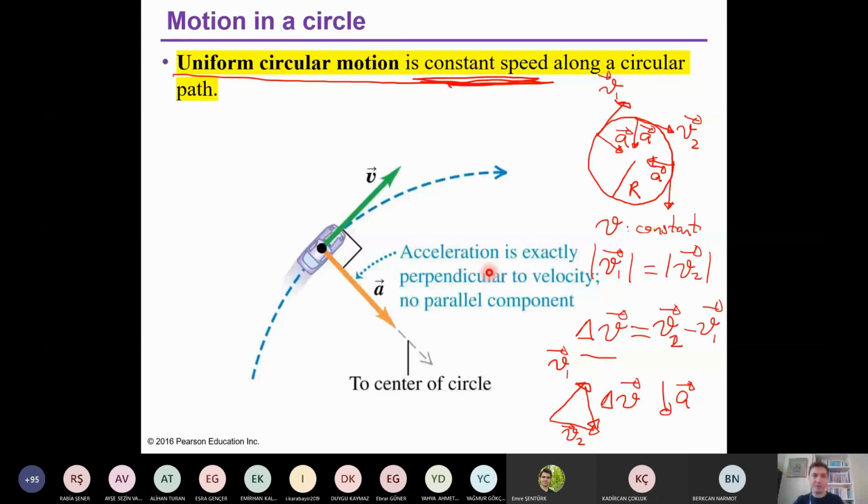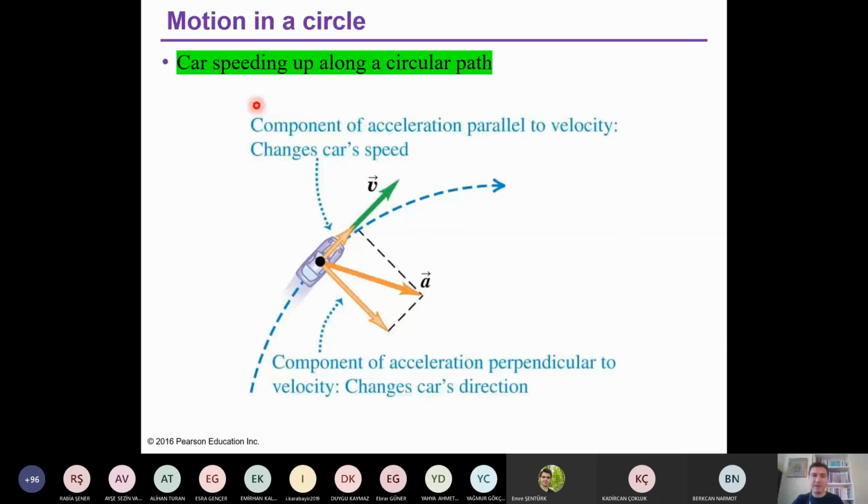Then let me continue. Again we have a circular path, but now the speed is not constant. The car is speeding up. In this case, we will have this type of direction for the acceleration. It goes toward the center of the circle, let's say, and acceleration is not parallel to this normal here.